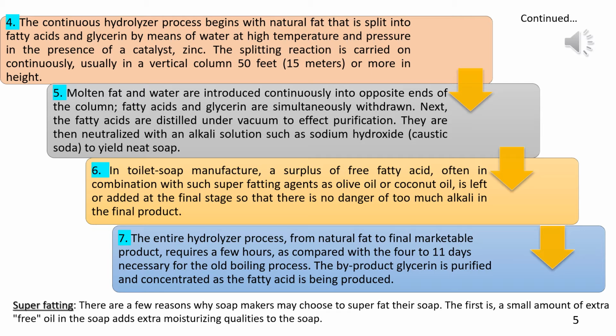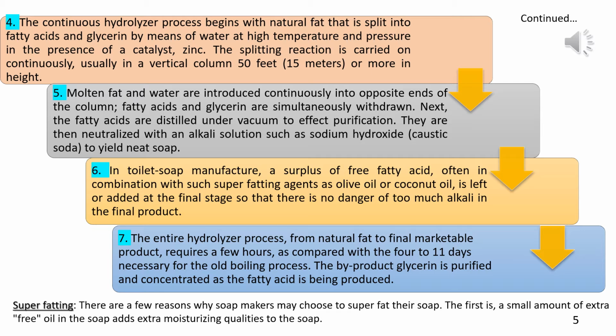Number 7. The entire hydrolyzer process from natural fat to the final marketable product requires few hours as compared with the 4 to 11 days necessary for the old boiling process.